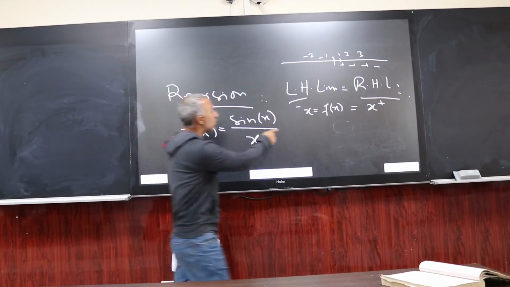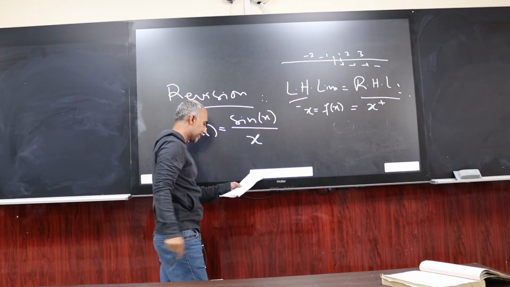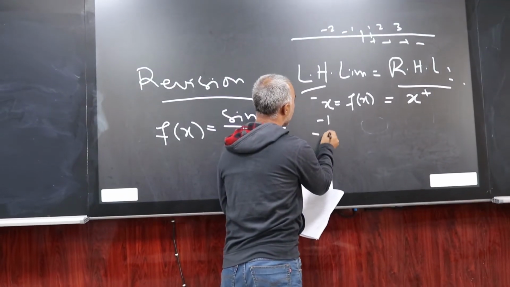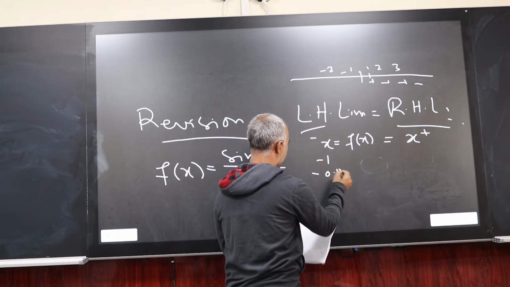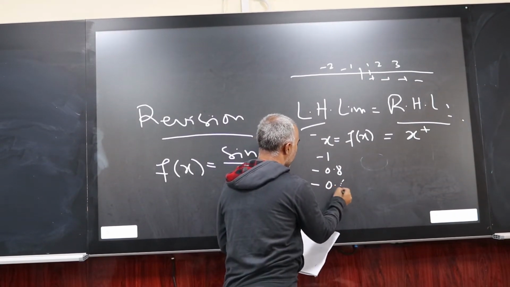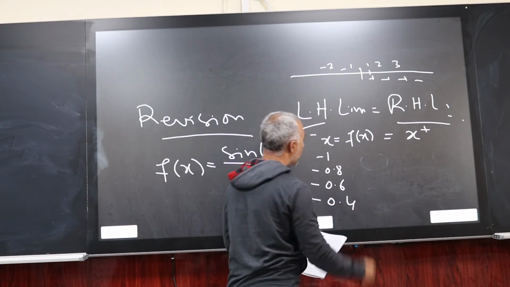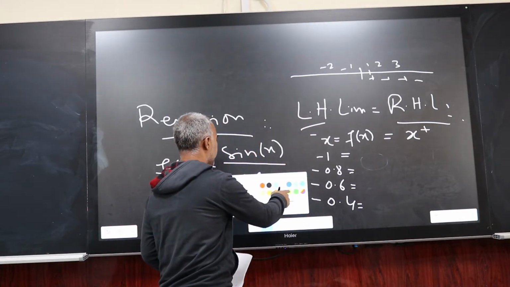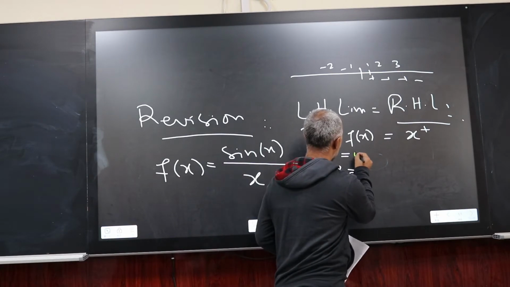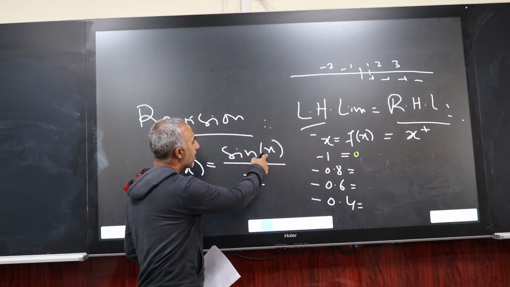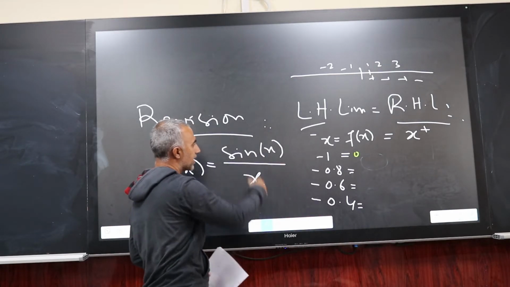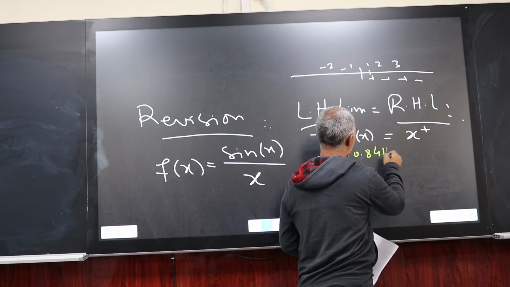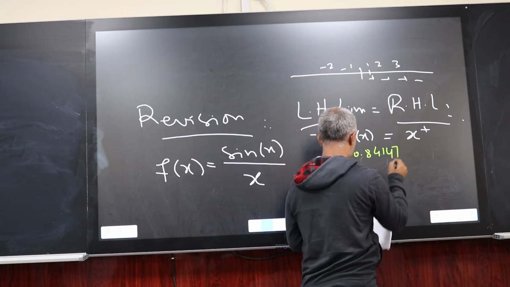Yes, sir. So if you substitute here the value of x, negative, for example negative 1, once you substitute x, minus 1 here, of course numerator and denominator in the sign of x, you will get an answer 0.84147.